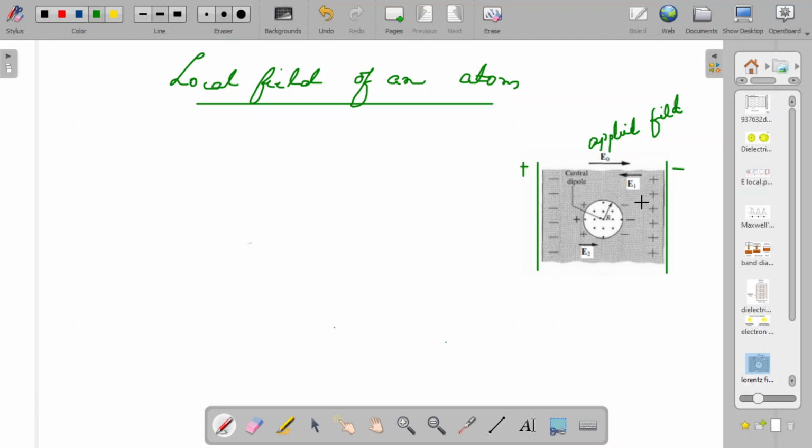Now within the dielectric material, charge separation takes place in the opposite direction to that of the applied field. This is positive here, this is negative here, so you will get a field in the opposite direction. The field occurring within the dielectric material in the opposite direction is denoted here as E1, and we call this field the depolarization field.